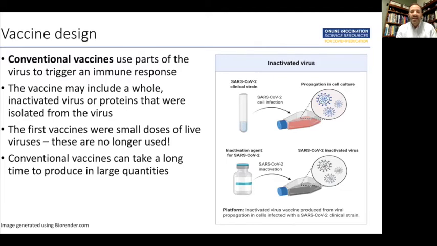And then that preparation of virus is treated with a chemical that will inactivate it or kill it, so it would not be able to replicate anymore. The inactivated virus would then be purified and then introduced into a vaccine. So once again, the key point is that it is inactive. It is not able to replicate, but it could still stimulate the immune system.